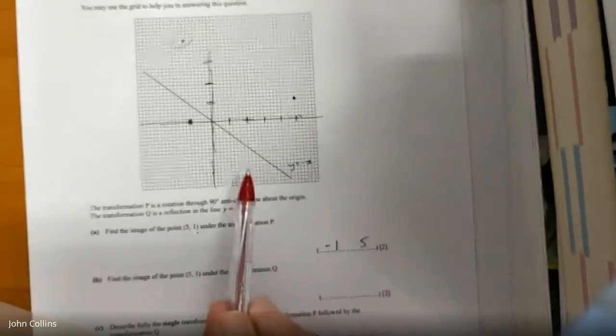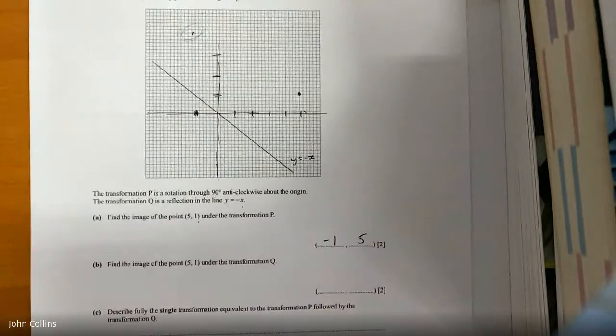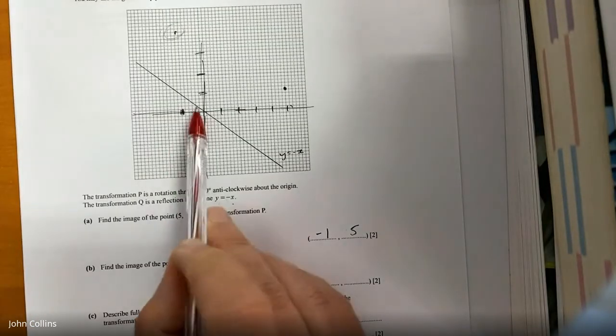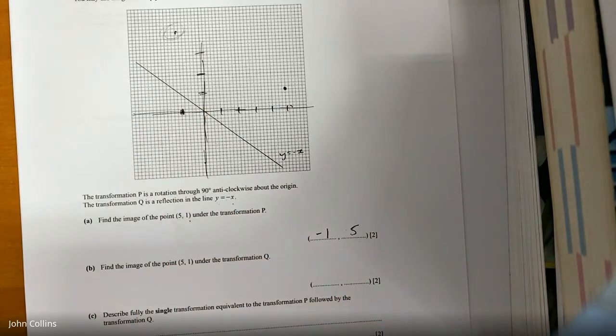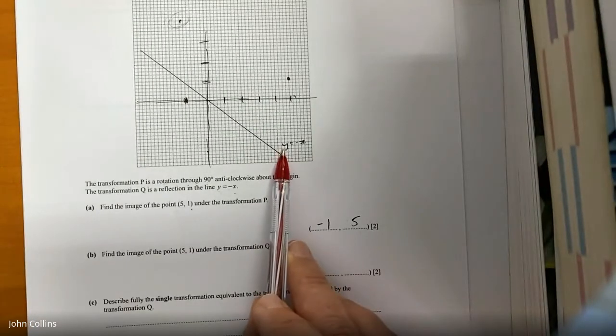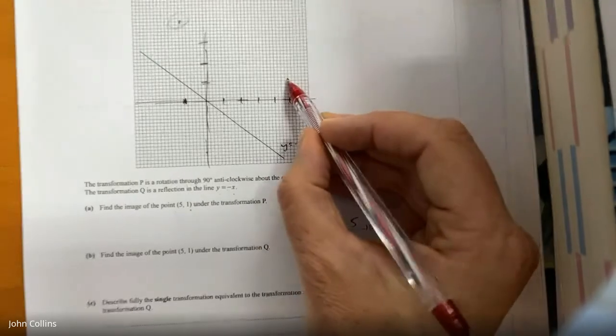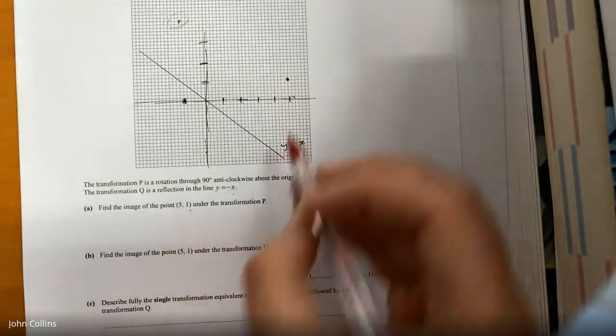Once again, this is just a sketch I've drawn. This won't be marked. I know it's going to have something to do with 5, 1 again, because this is a line going through the origin. The same thing but negative. Every time what y equals, it now equals negative x. That's one way of looking at it. Anyway, this is a reflection in this line.